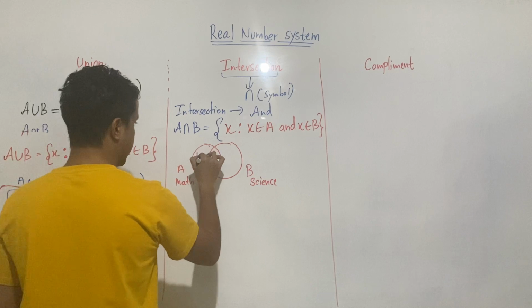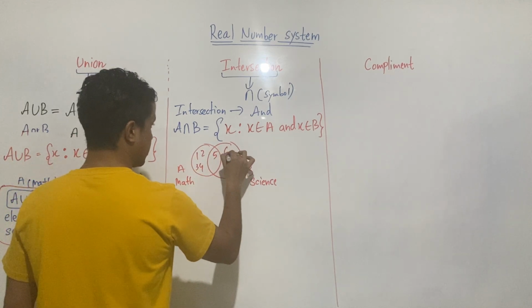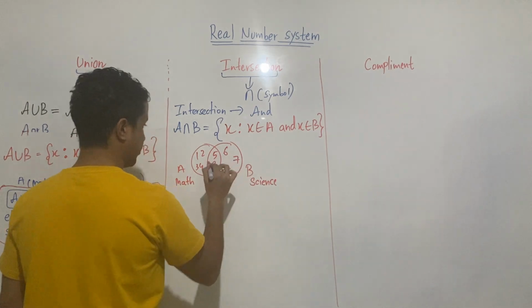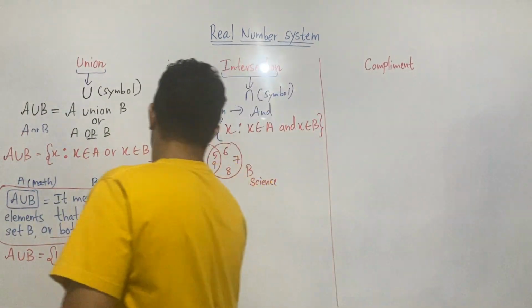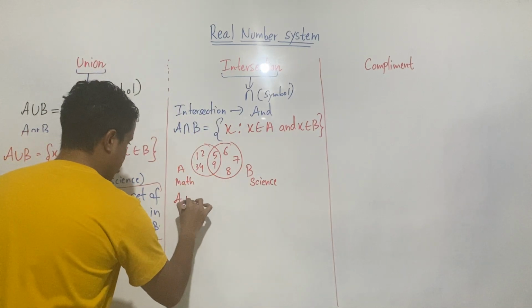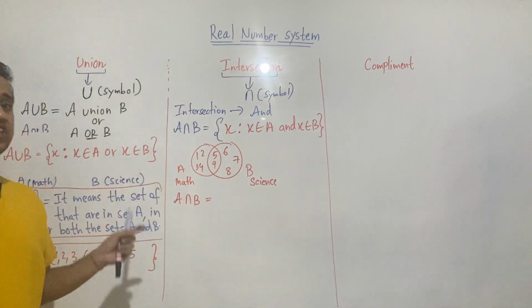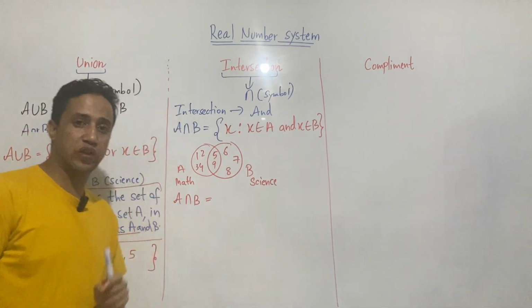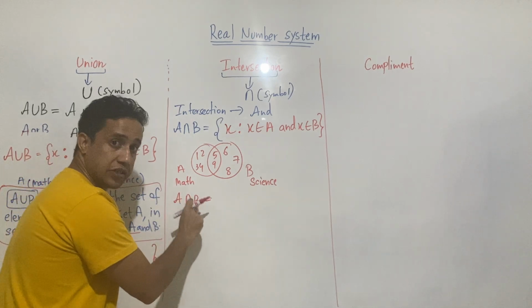So here I have 1, 2, 3, 4, 5, then here 6, 7, 8, 9. Okay, now if I have to find A intersection B, it means I want to find the set of all the students' numbers who like math and science.